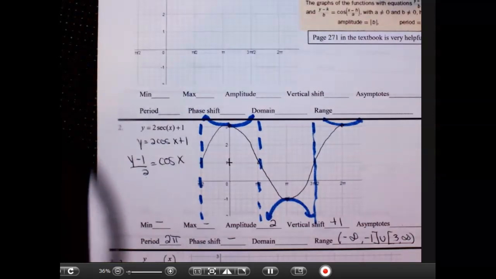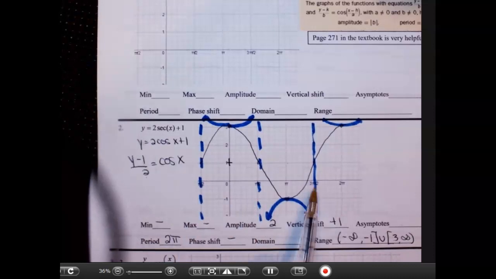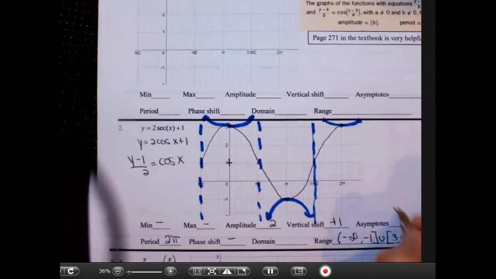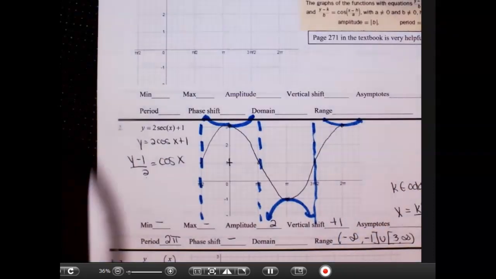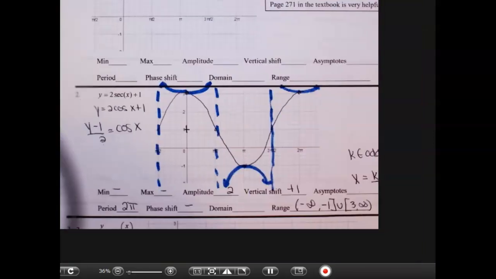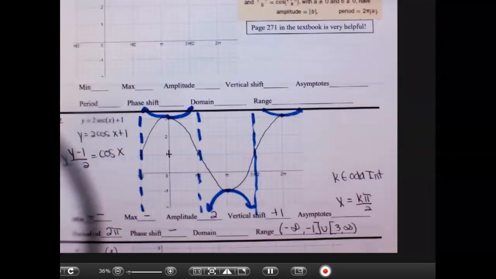Now let's go deal with the asymptotes. You can see the asymptotes are at negative pi over 2, pi over 2, 3 pi over 2. That means our asymptotes are k pi over 2, and k is an odd integer. And you might ask, how do I know when it's odd versus any integer? Well, go look at the examples that we had right here, and let me just write them out.